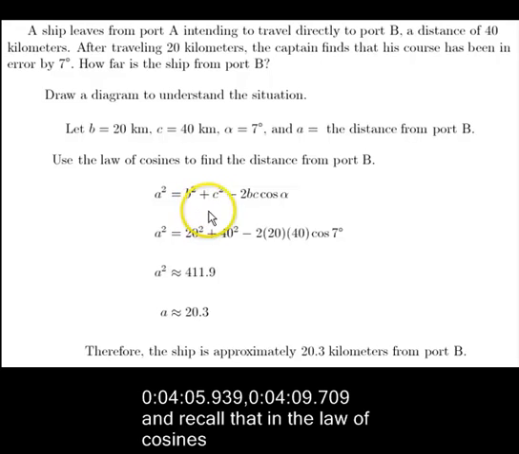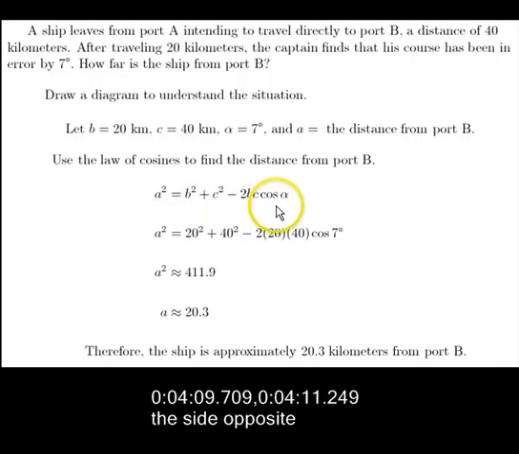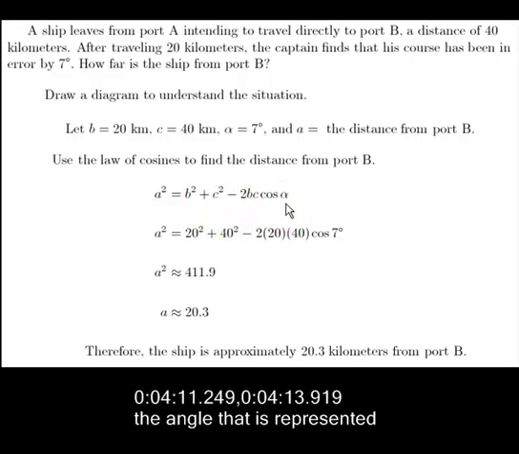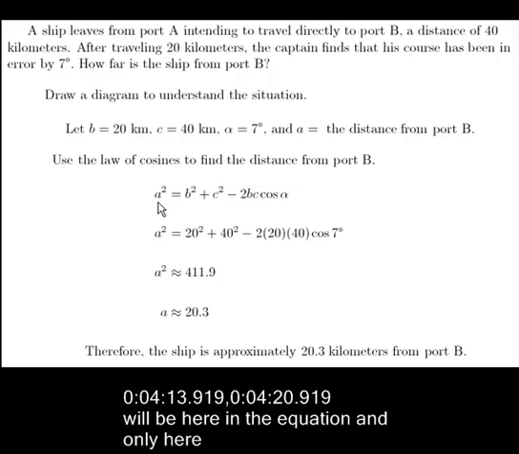And we will use this equation, since we have the angle alpha, and recall that in the law of cosines, the side opposite the angle that is represented will be here in the equation, and only here.